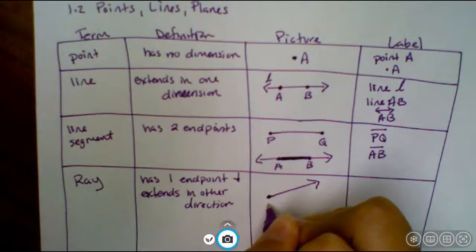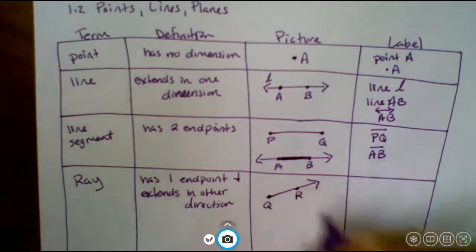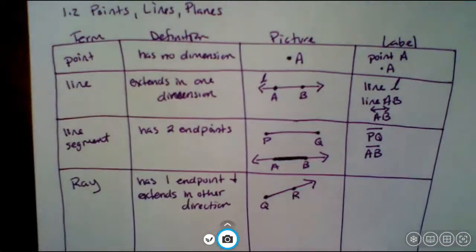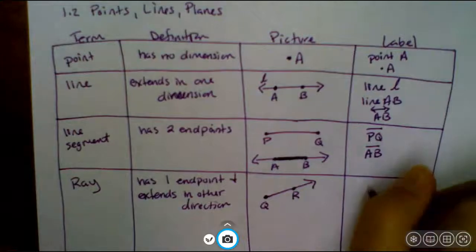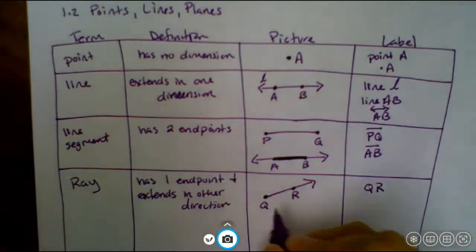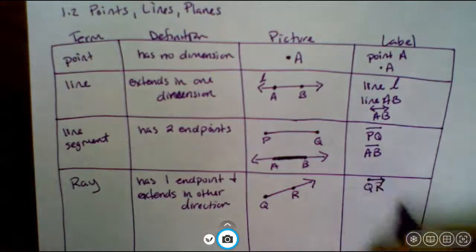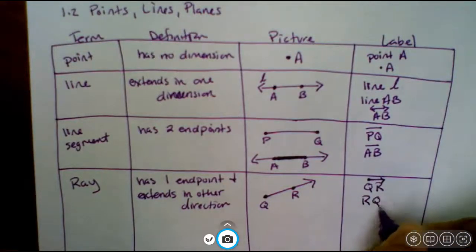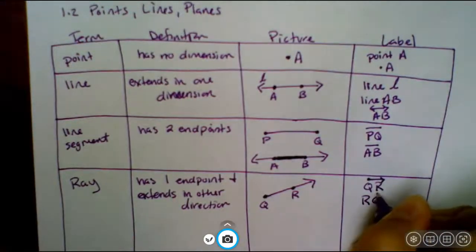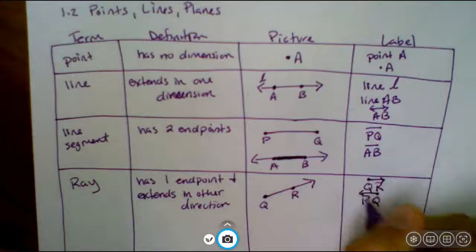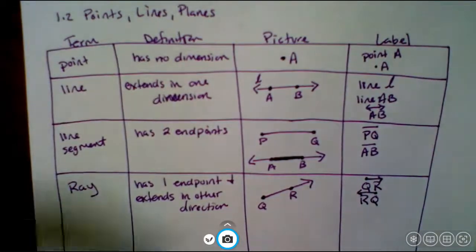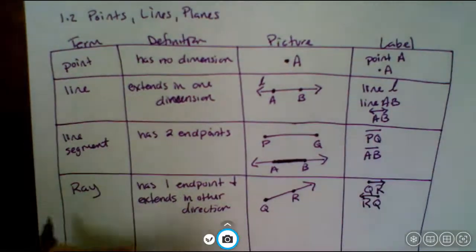So let's do Q and R. So for a ray, it's also really important which way you label it. If I put QR, I look over here at the picture, and the endpoint is on Q, so I'm going to put a dot and shoot through R. If I labeled it as RQ, I would put my endpoint above Q and shoot through R. Okay, that tells us which way the ray goes.